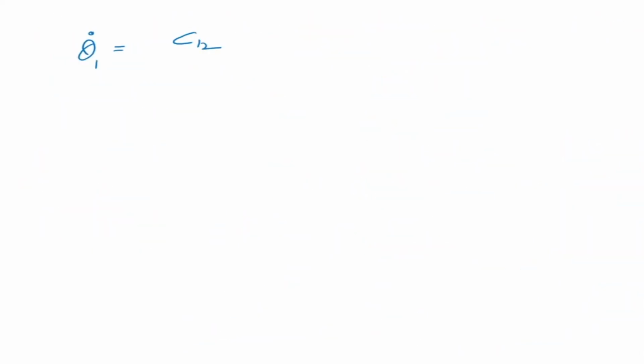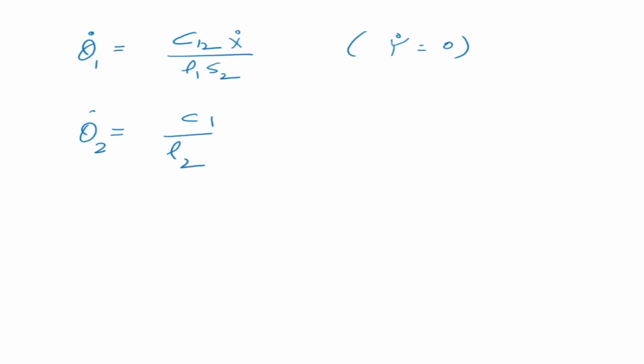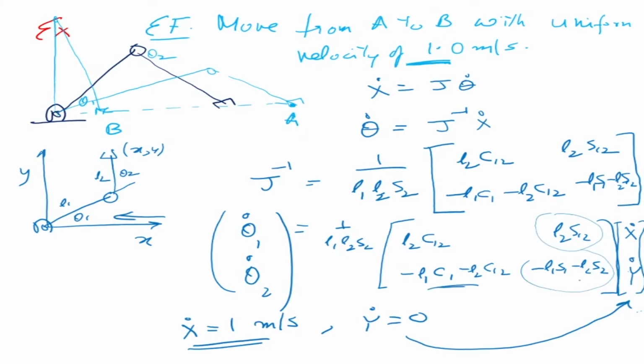Now what do we get is theta 1 dot is equal to cos θ1+θ2 times x dot over L1 sine θ2. This is because y dot is equal to 0, so the second term will go. Similarly, we get theta 2 dot is equal to minus cos θ1 L2 minus cos θ1+θ2 L1 over L1 L2 sine θ2, times x dot.